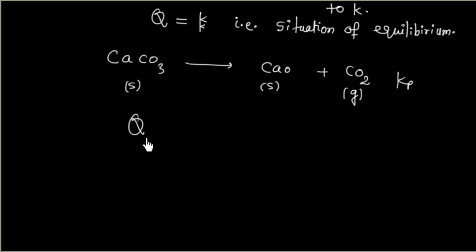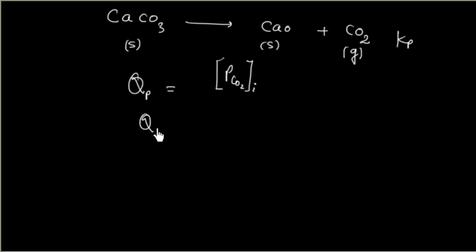When I write Q at P, this means the reaction quotient at constant pressure, and that is the same as the partial pressure of CO2, initially. So Qp for this reaction is simply PCO2, the partial pressure of CO2.